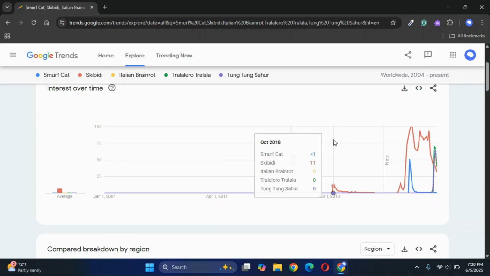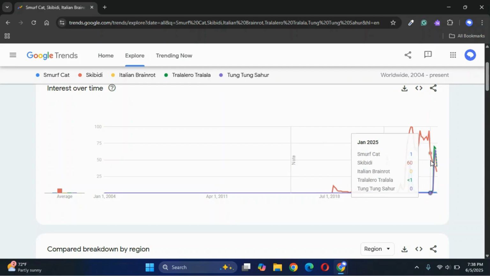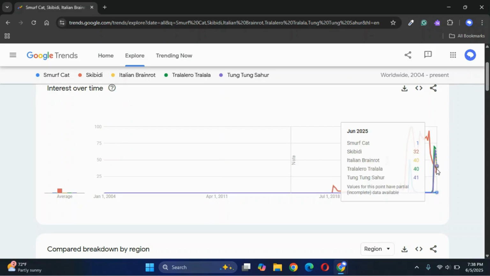Searching up. Okay, that makes sense. Skibidi in 2018 just went down, went up, and there was Smurf Cat in 2023, and it went straight down. So judging by how Italian brain rots are just spiking like that, I was gonna say that they're gonna go straight down, which does seem to be happening, as I said in my last video.